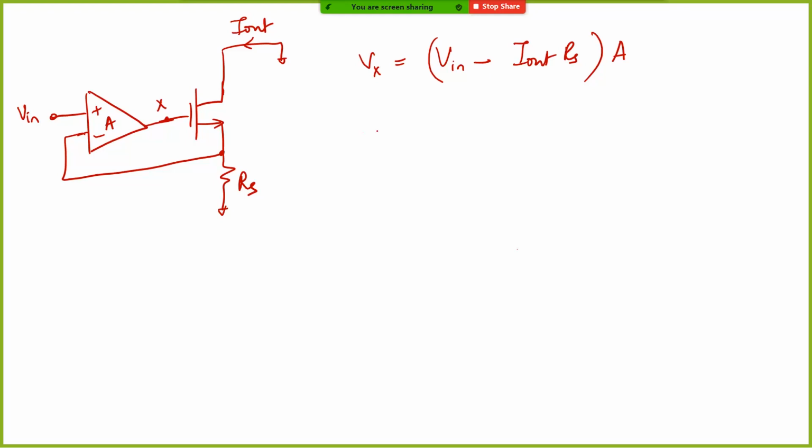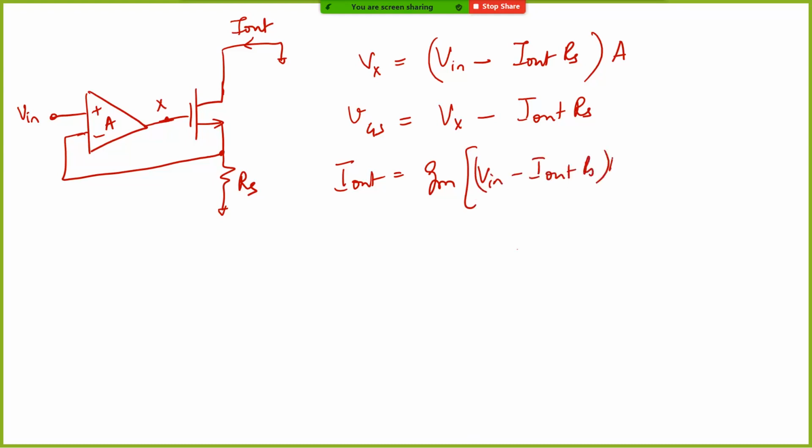Now what is the gate to source voltage? The input voltage which is coming to this is nothing but Vx minus I out Rs. Let me just use small vgs, because now we are talking about small signal. Now what is I out? I out can be written as GM times vgs, which is V in minus I out Rs times A minus I out times Rs.